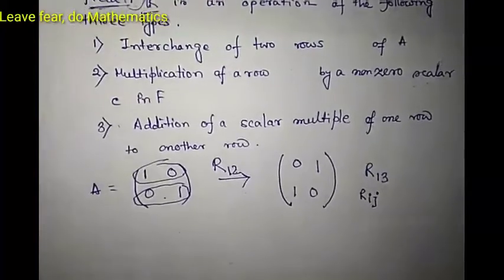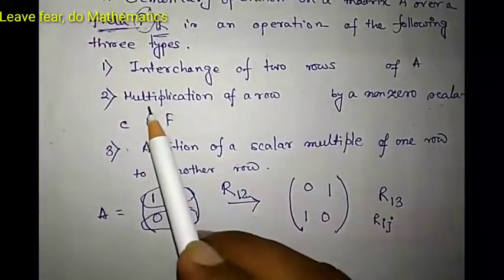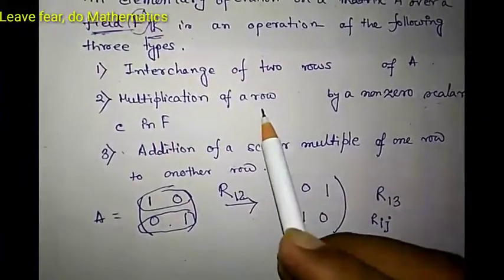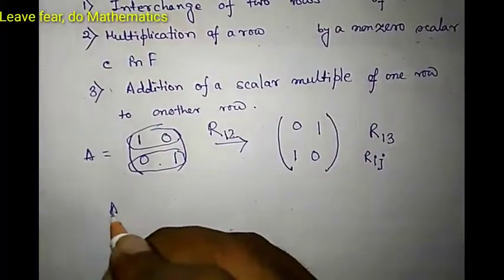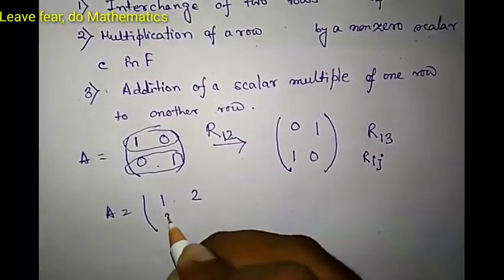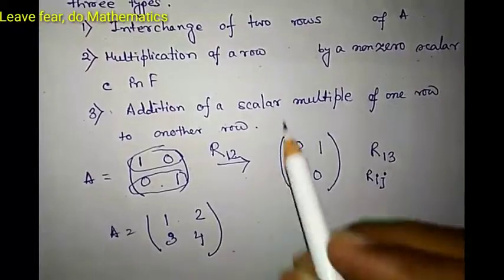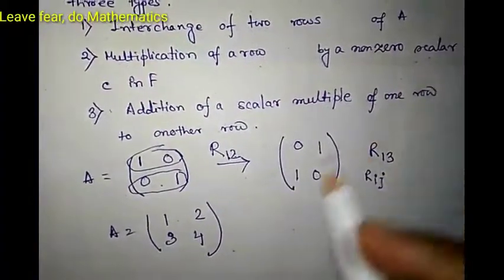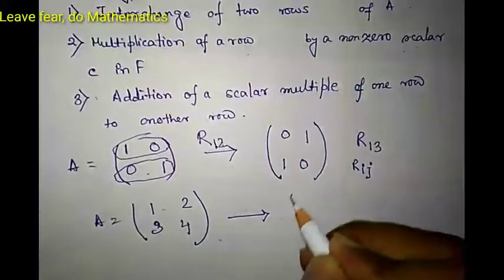Now we will understand the second elementary row operation: multiplication of a row by a non-zero scalar c in F. Again take a matrix A, say 1 2 3 4. Now just multiply the first row with 2.